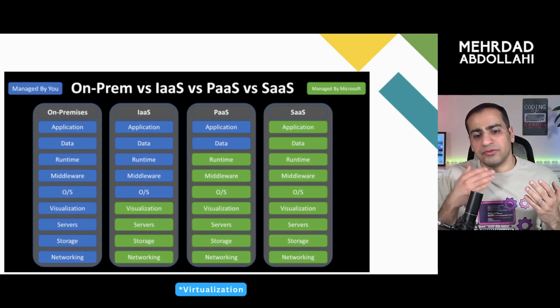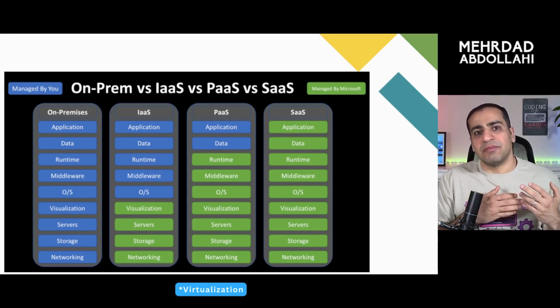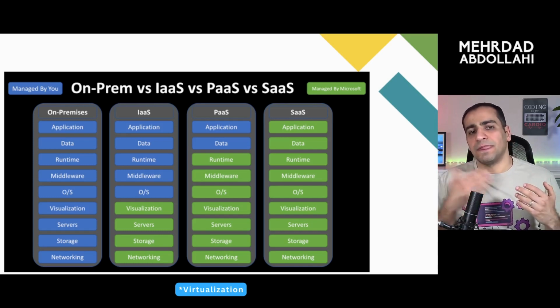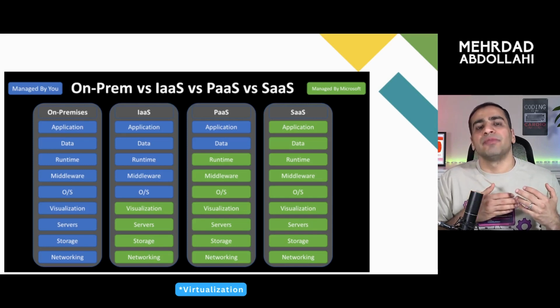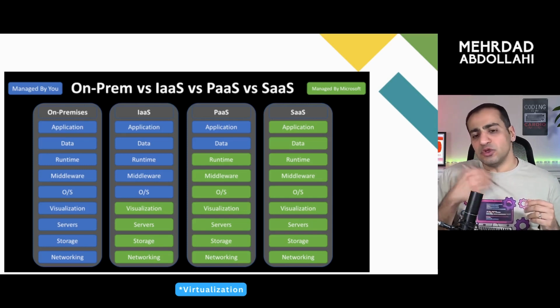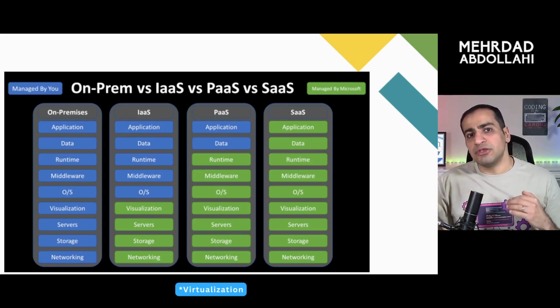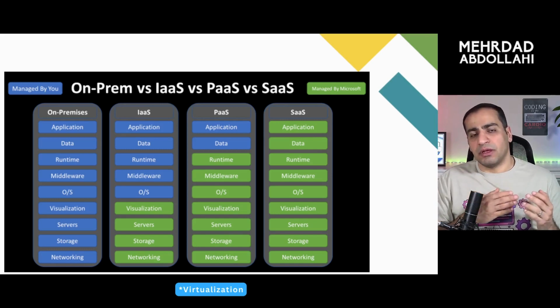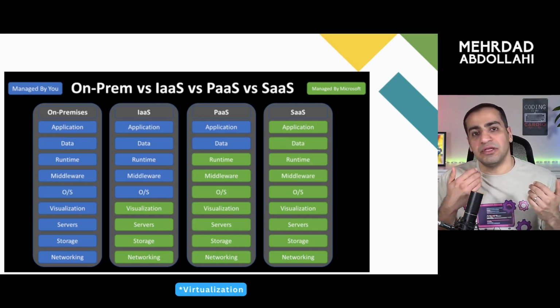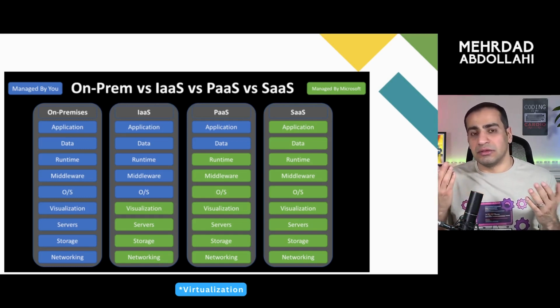An example for platform as a service is Azure Synapse Analytics in Azure Data Services. And we also have software as a service, where everything is managed by the cloud provider. Some examples are Microsoft Teams, Outlook, and the Microsoft 365 apps that we may use every day.